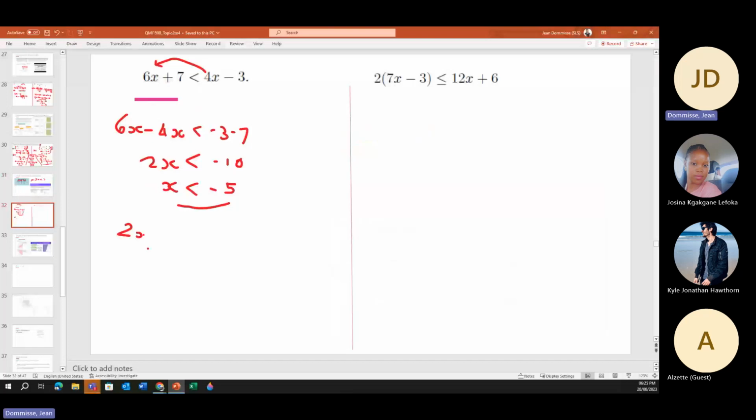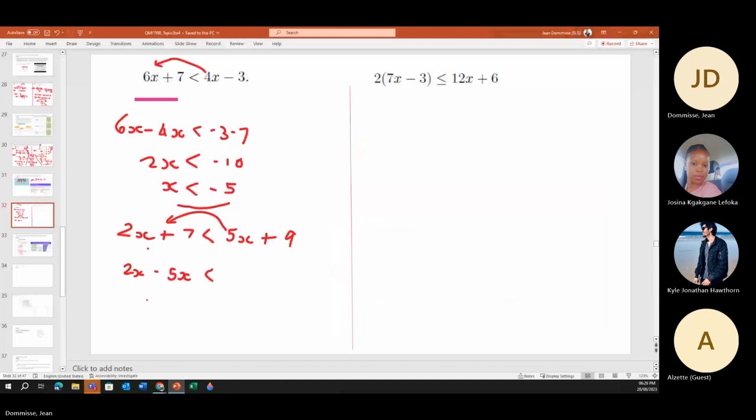So 2x plus 7 smaller than 5x plus 9. Okay, so again, what we do is take the 5x to that side, so 2x minus 5x. That's why I normally like to take it to the side that stays positive, but let me show you the two ways as well.